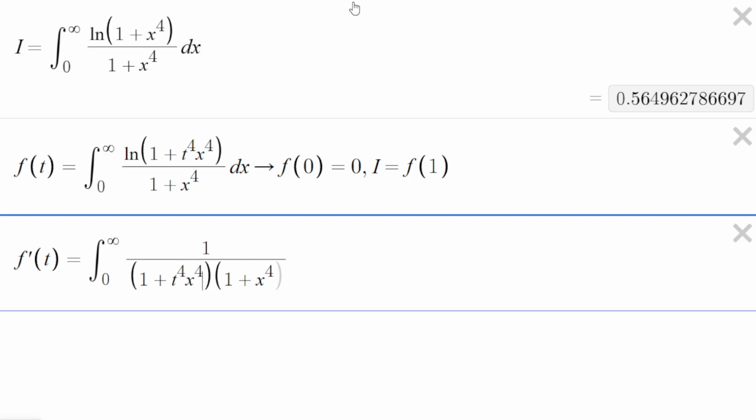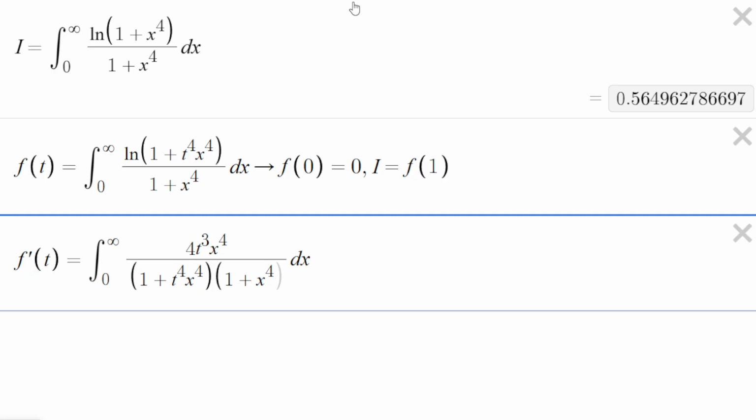And then we'll have the derivative with respect to t of this whole part, so we're going to get 4t cubed x to the fourth dx.